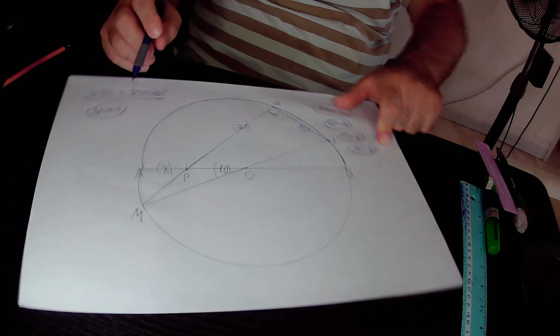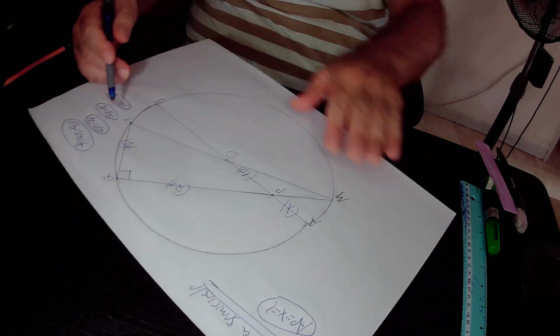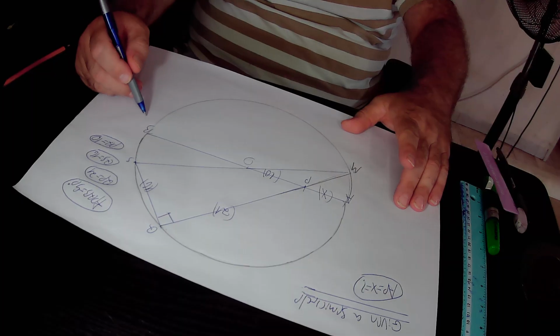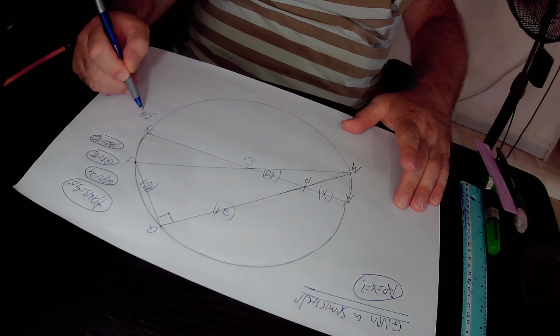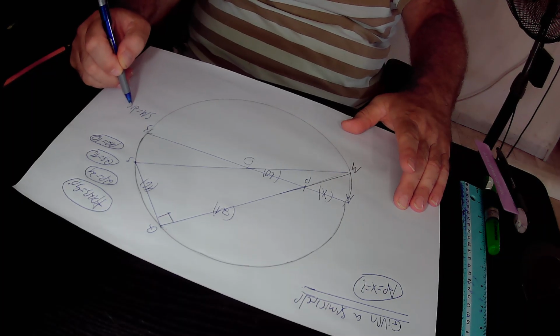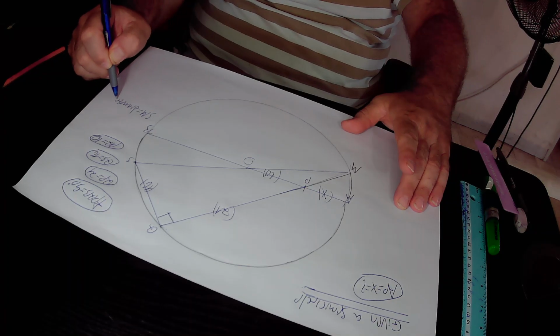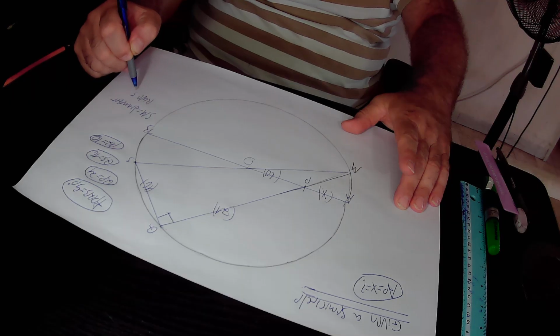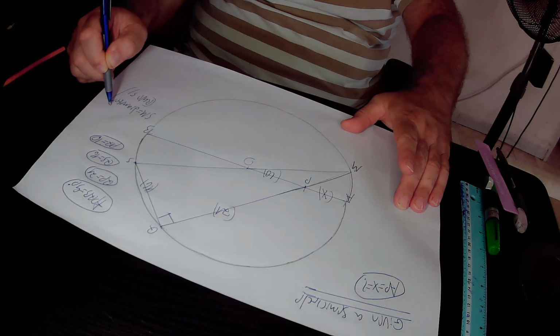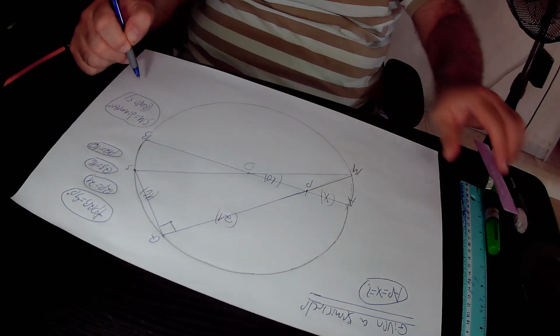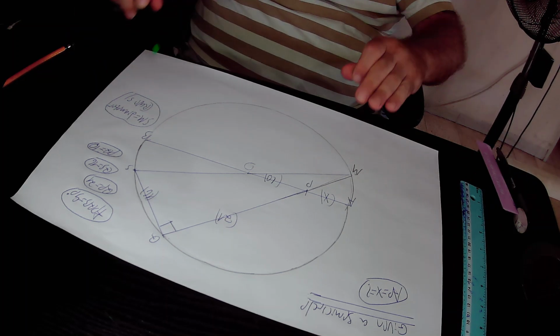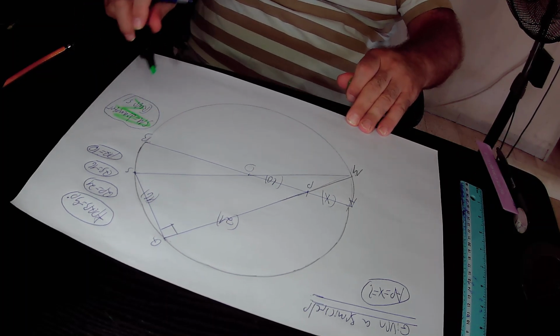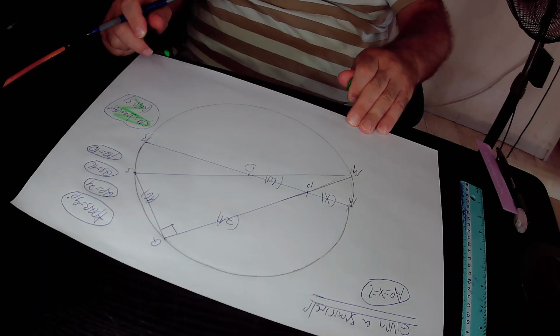So we found out that chord SM must be the diameter of this circle.